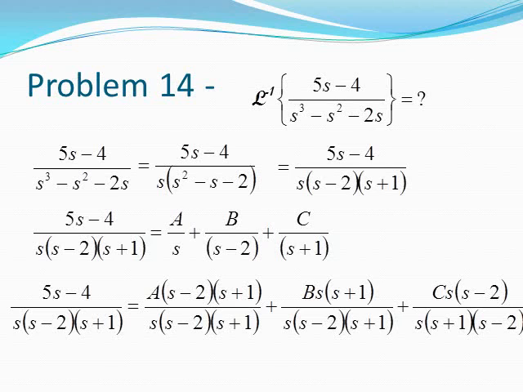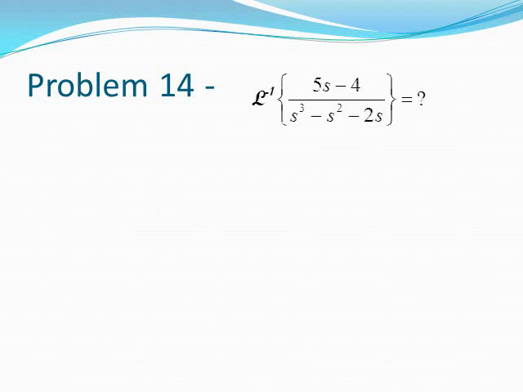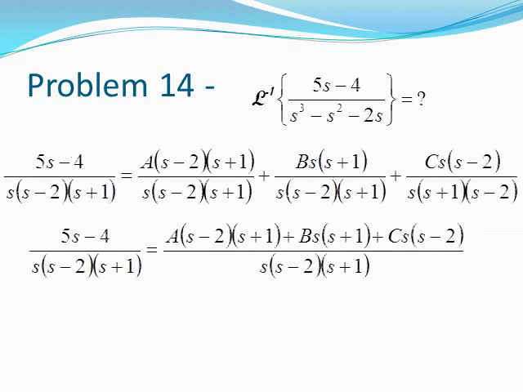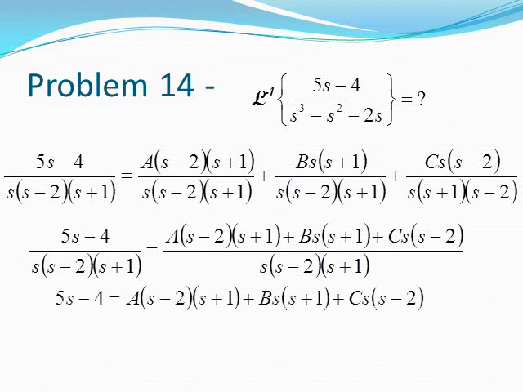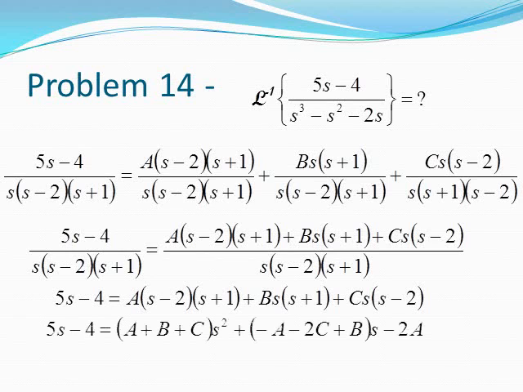If you find the common denominator, then the numerator on the left is equal to the numerator on the right. And if we do this, I find this for my numerator, and then once I get my numerator, I can do some algebra to expand out the powers of s, and then you group them. Every term that has the same power of s, you group together. And now once we've done that, the coefficients on the left-hand side have to equal the coefficients on the right-hand side for the same power of s.